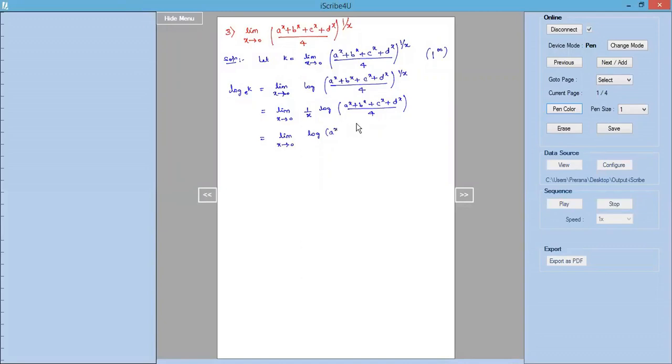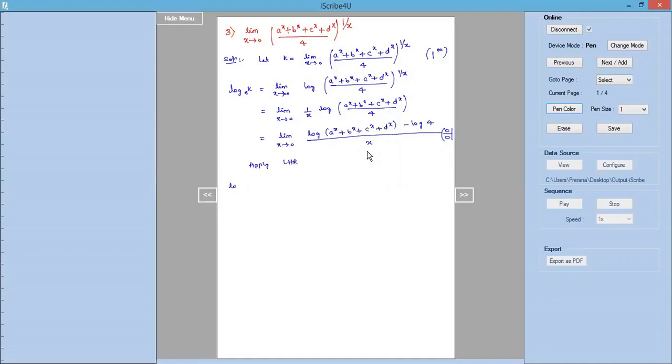So log of (a power x plus b power x plus c power x plus d power x) minus log 4, the whole divided by x, so that it comes to 0 by 0 form. We can just verify that. So we have a power 0, b power 0, c power 0 and d power 0, all are value 1. So log 4 minus log 4 is 0, divided by, as x tends to 0, denominator is 0. So 0 by 0 form. So we can apply L'Hopital rule.